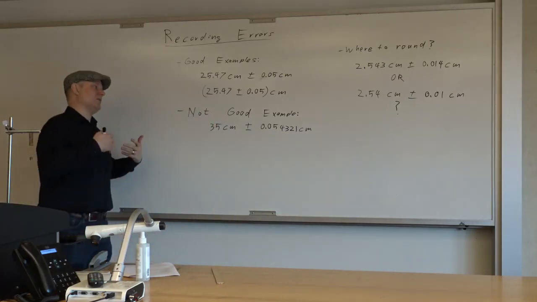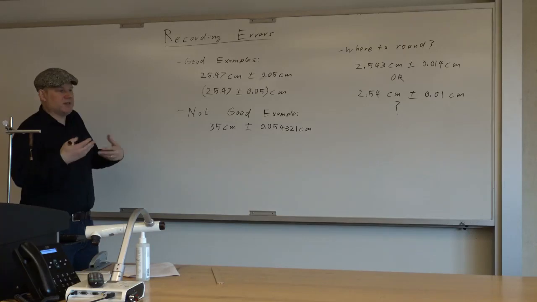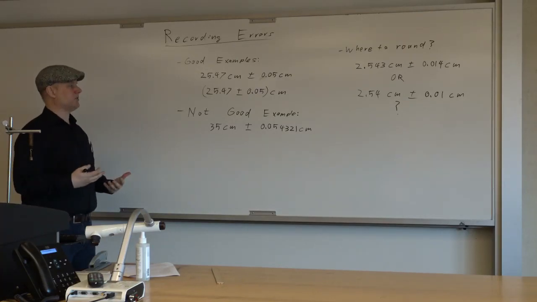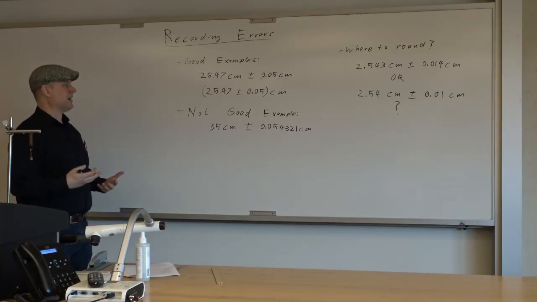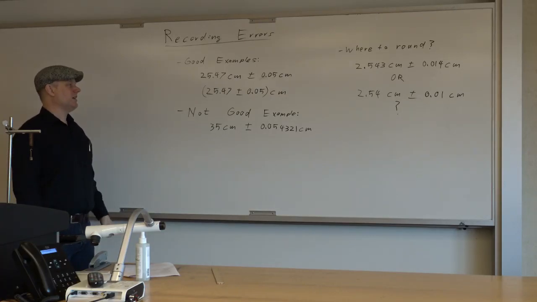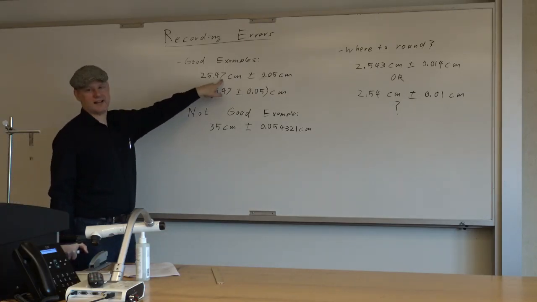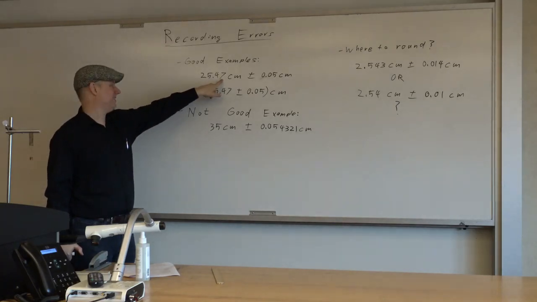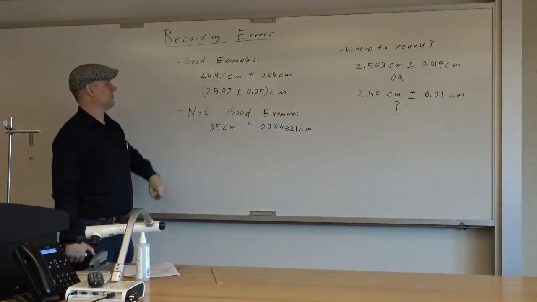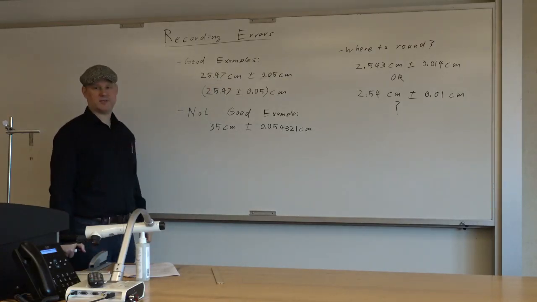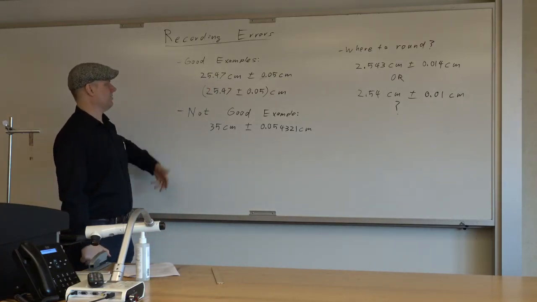It's meant to be a description of how much you think, hey, if somebody else came in and did the same measurement over again, are they going to get exactly 25.47 every single time? Probably not, because most likely, especially this last digit here, they probably had to eyeball that a little bit with whatever instrument was being used. And so somebody else might have looked at that and said, oh, I'm saying it's 25.45. Somebody else might have said, oh, maybe it's even higher than that.